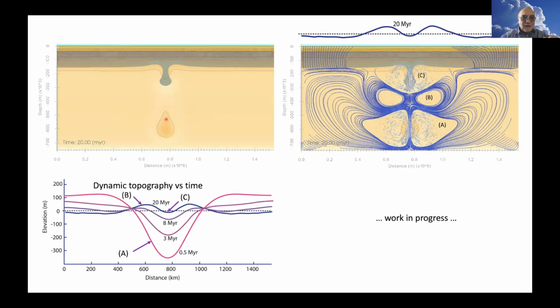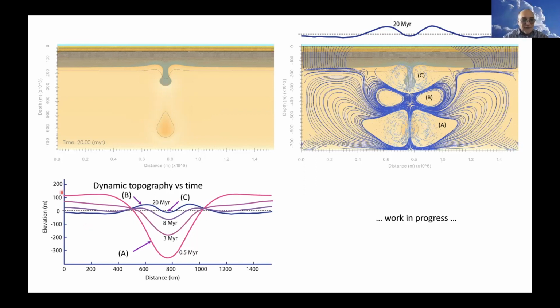You see that, interestingly enough, we trigger a secondary radial instability. But what is more interesting is if we look at the streamlines, you realize that through time there are a number of eddies that develop. The first one, labeled A here, is just a convective cell that brings things down and pulls in the lithosphere.